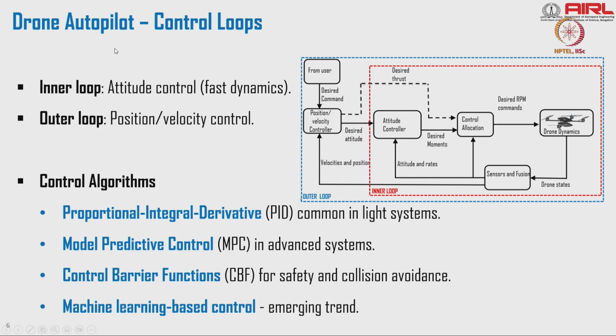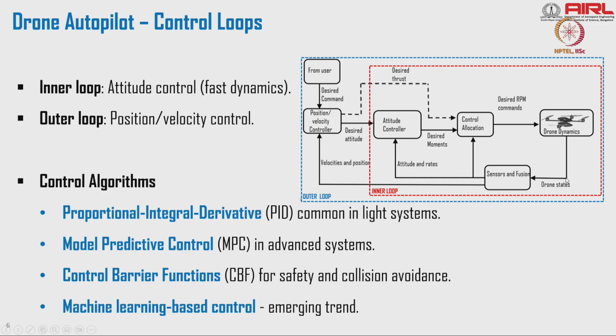Let's understand further the control loops. There are two loops, one is the inner loop, the other is the outer loop. The inner loop takes care of basic attitude control, the basic stabilization aspect of it. I'll just make sure the pitch, roll, and yaw attitudes are controlled. So how does it work? I have a drone.